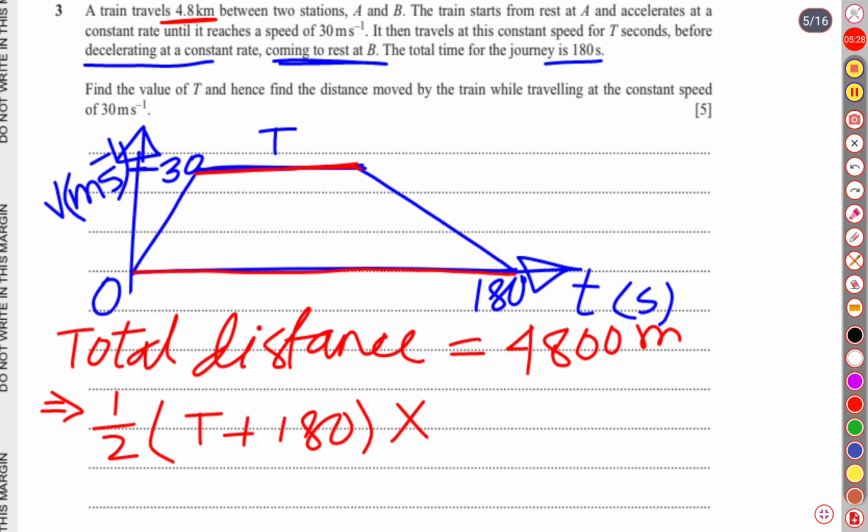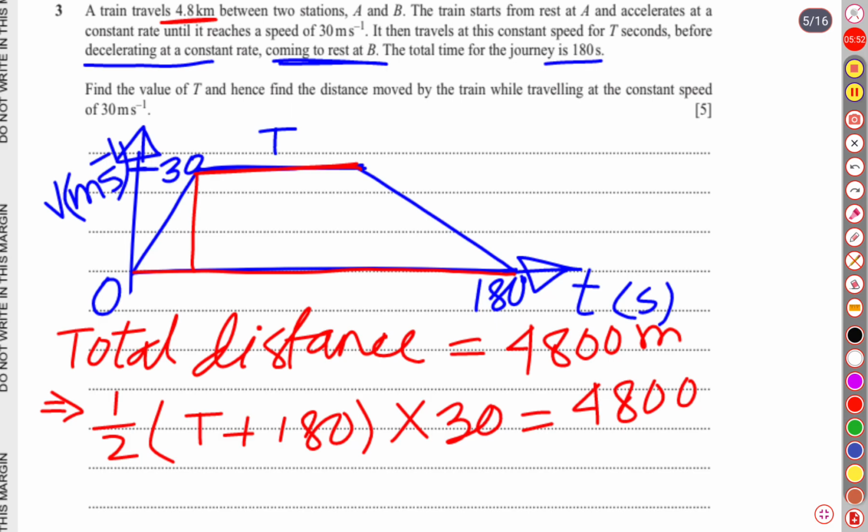The height between the parallel lines is 30, the maximum velocity of 30 meters per second.